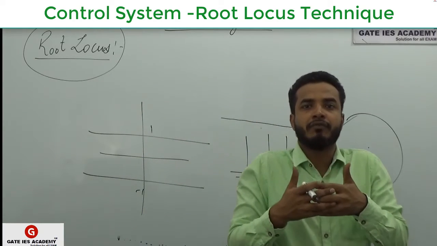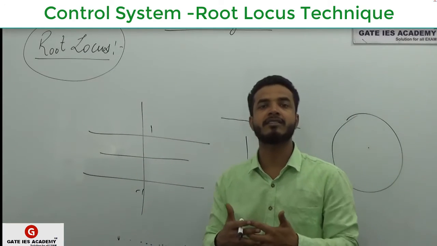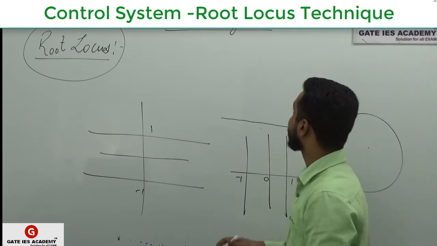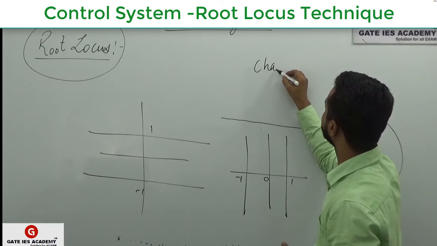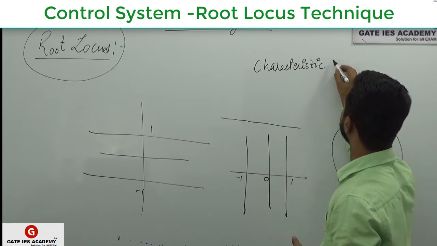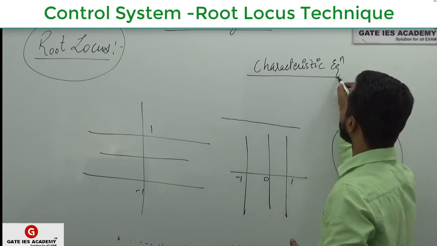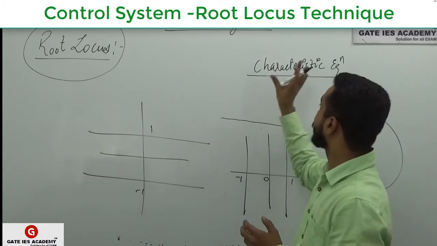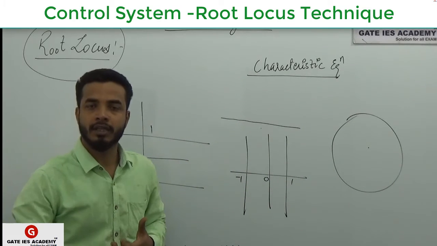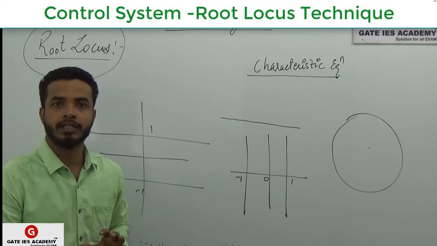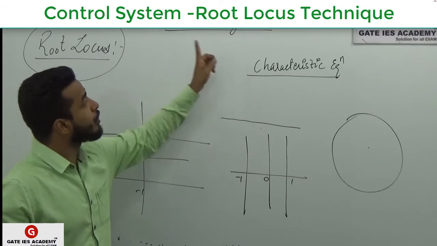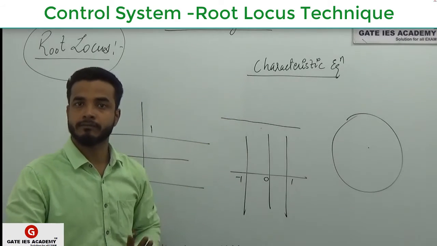The equation which justifies the characteristic or entire behavior of the system is known as the characteristic equation. That means these roots are the roots of the characteristic equation. So, root locus is a locus which contains all the roots of the characteristic equation.